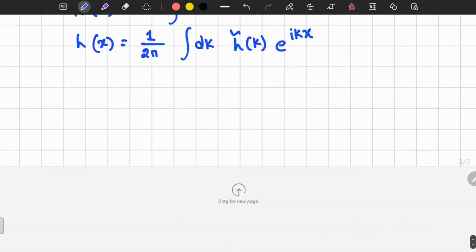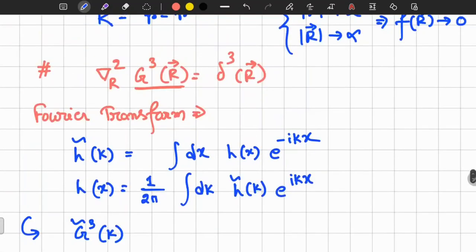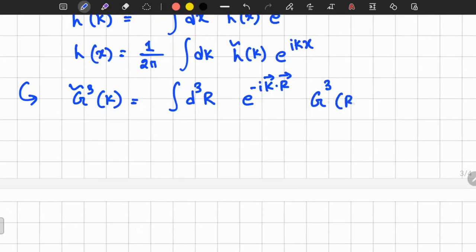If we write the Fourier transform for our green function, we will convert this to k space. Here we have to consider the vector notation always.